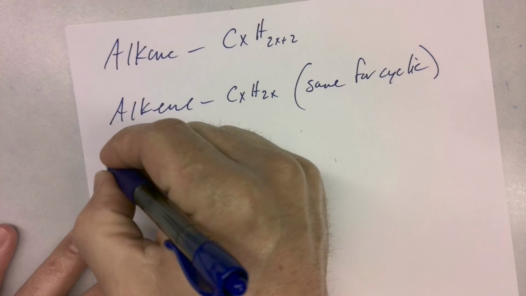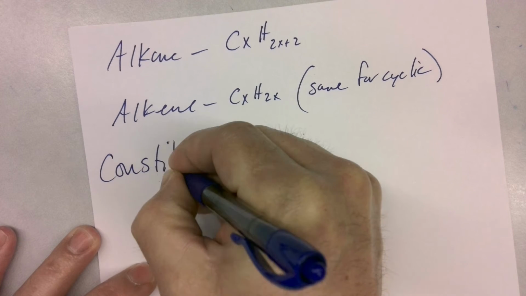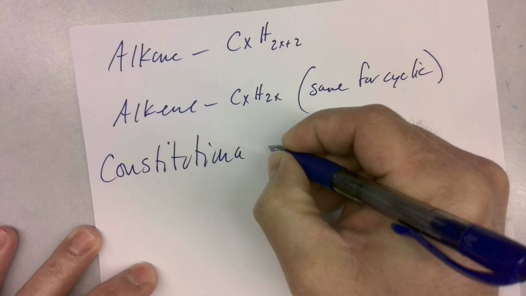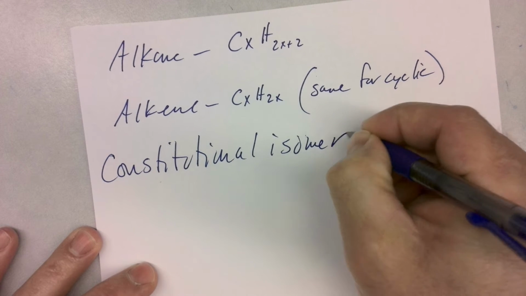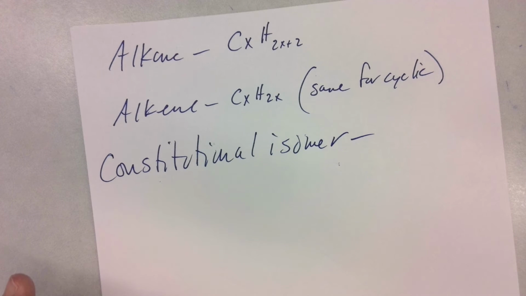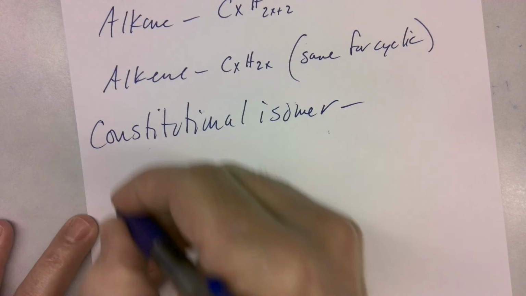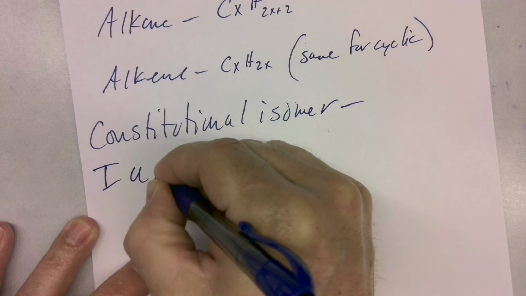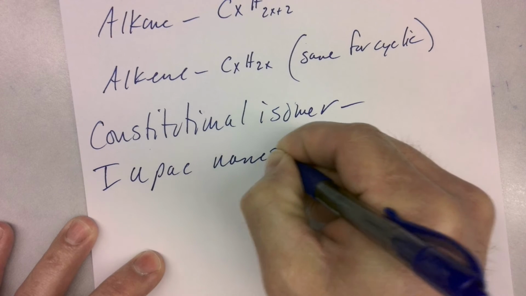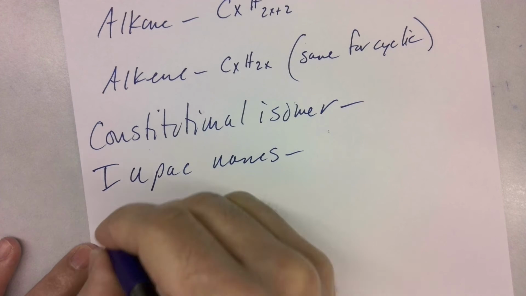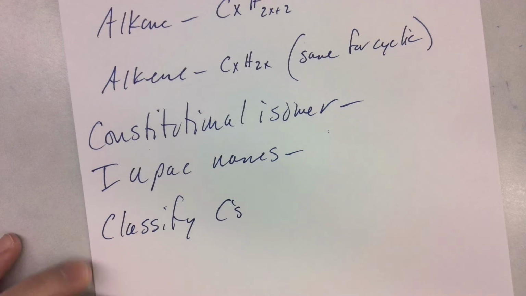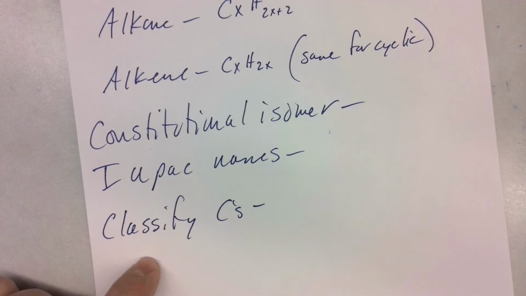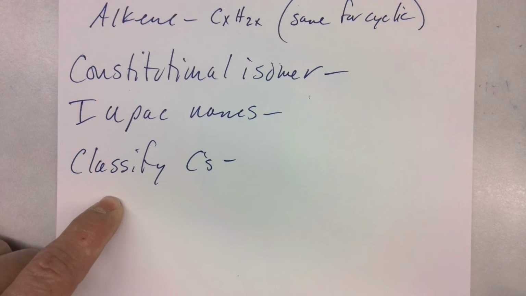You've got to know what a constitutional isomer is and how to do it. And then you've got to be able to do the IUPAC names. And then you've got to be able to classify C's.